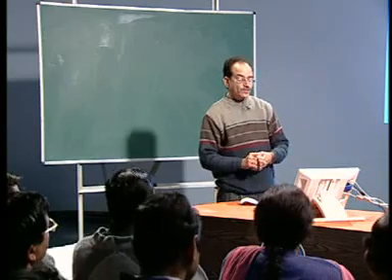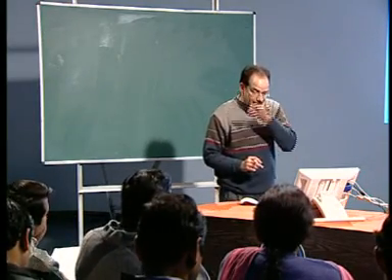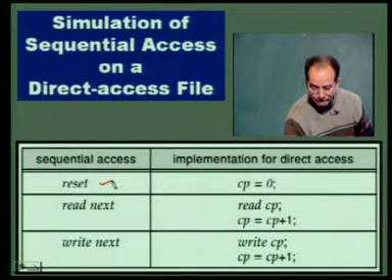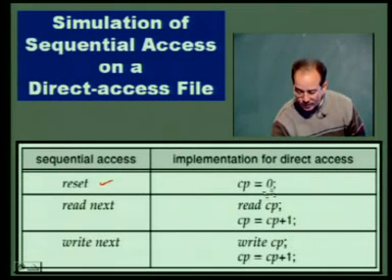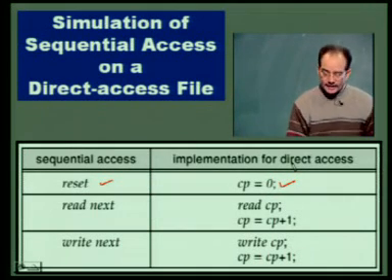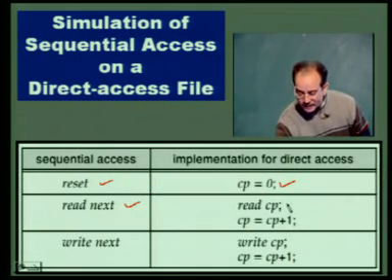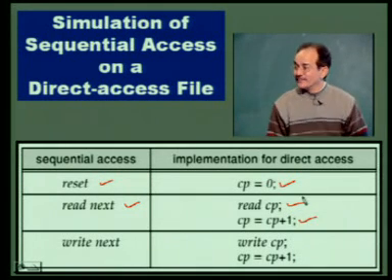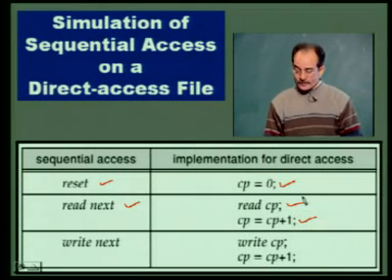Now, I can simulate a sequential access on a direct access. Let us say I say reset. What does reset mean? I take my file pointer, which is CP, to the 0th record, and the moment I say read next, I read a record and increment my pointer by 1.